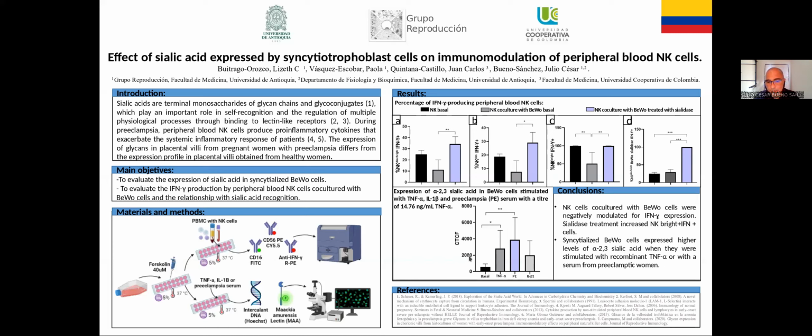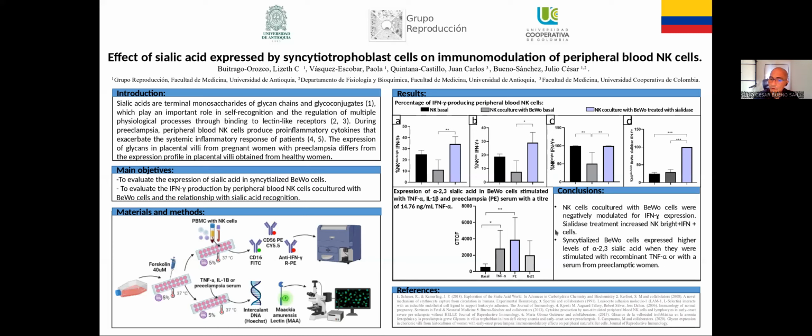And in the other set of experiments, we demonstrated that pro-inflammatory cytokines, mainly TNF, induce a higher expression of sialic acid, and this effect is almost the same in the set of experiments in which we stimulated the sialic acid expression with a serum from preeclamptic women.